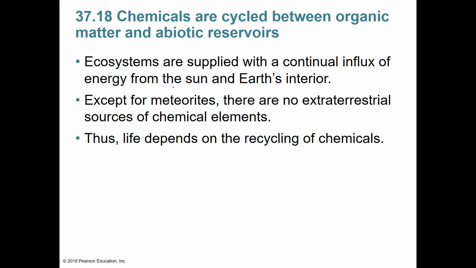There's some evidence that meteorites have been sources of chemical elements, but it's pretty minimal, and other than that, there are no outside of the Earth influences besides sunlight that provides chemical elements. So we really rely on this recycling of chemicals within ecosystems in order for ecosystems to continue on.